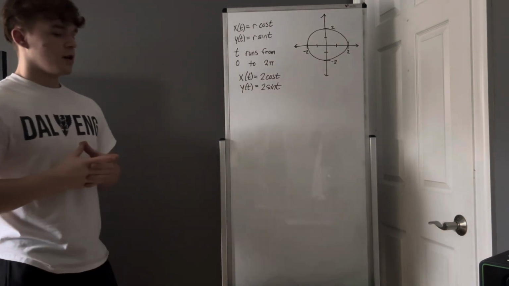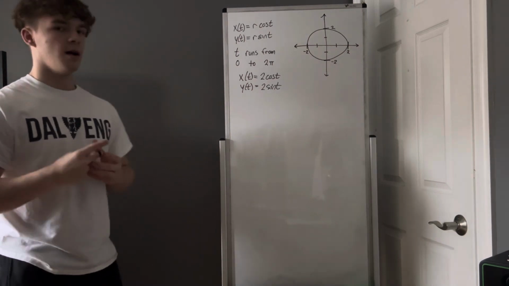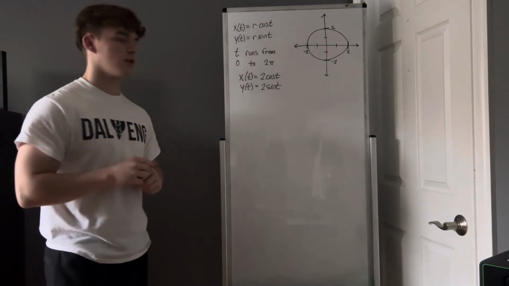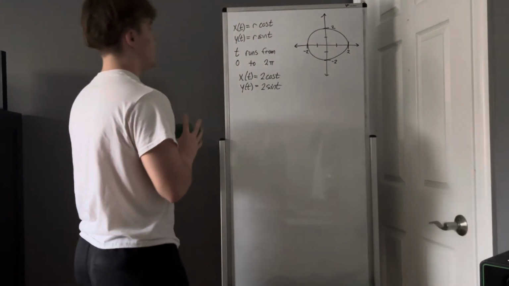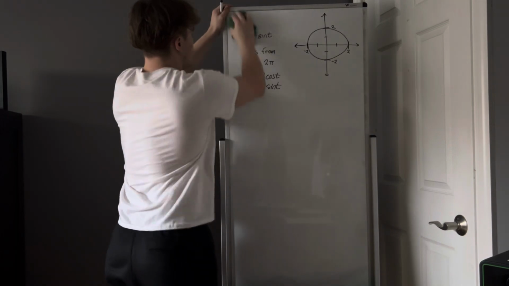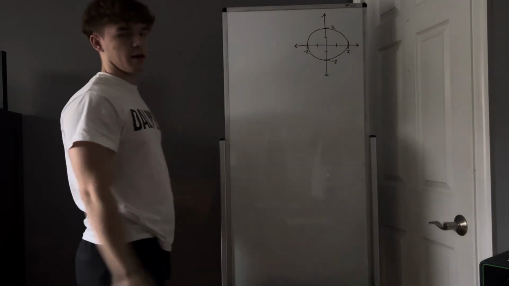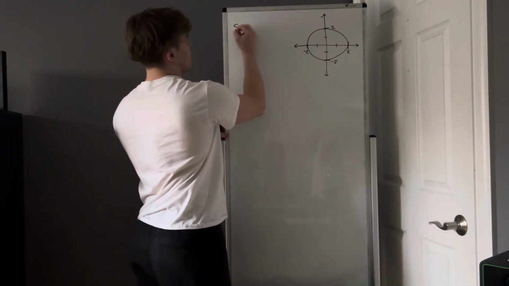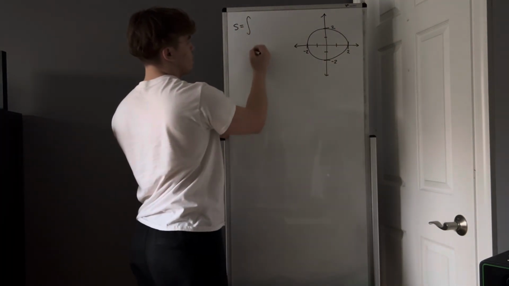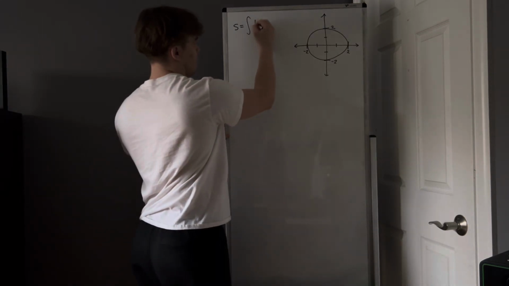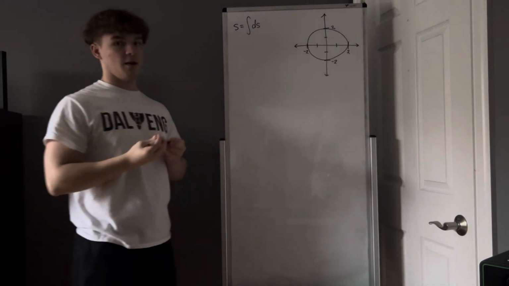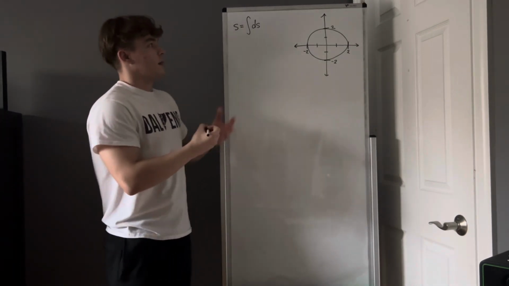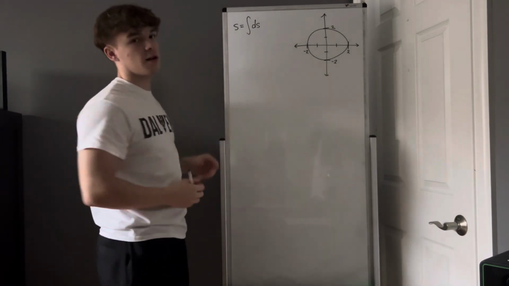And that's parametrization, but I'd like to talk to you guys about one more thing. As you may remember, we talked about arc length a few videos ago, where we said that our arc length, little s, is equal to the integral of a small segment of arc length. Essentially, just a sum of all the little tiny pieces of arc length.